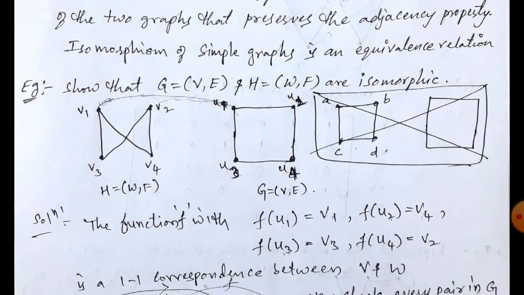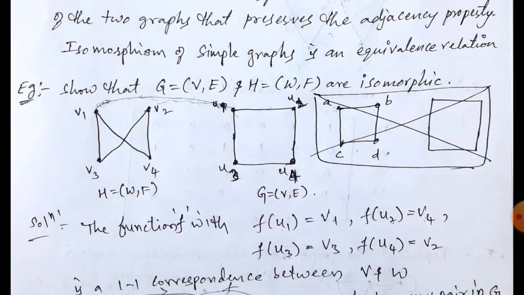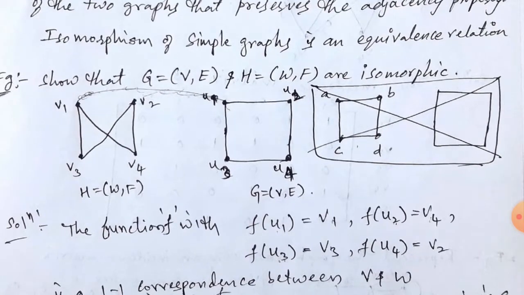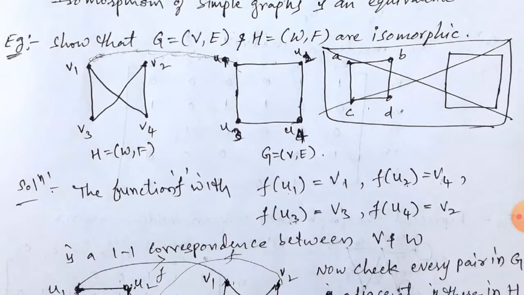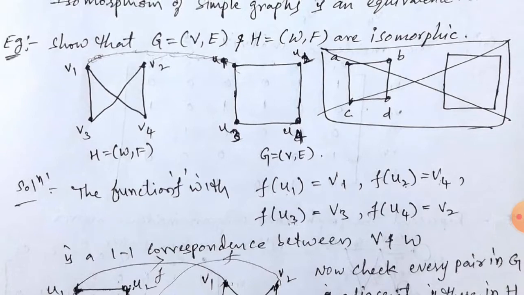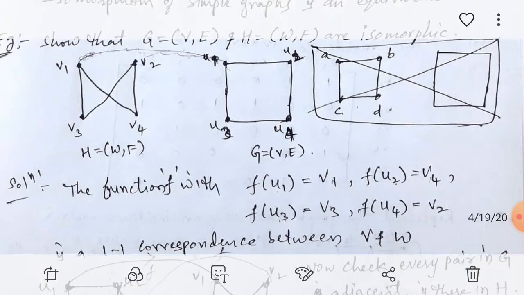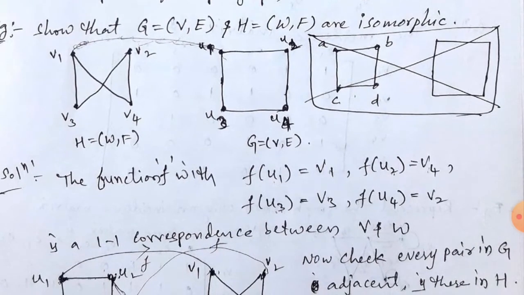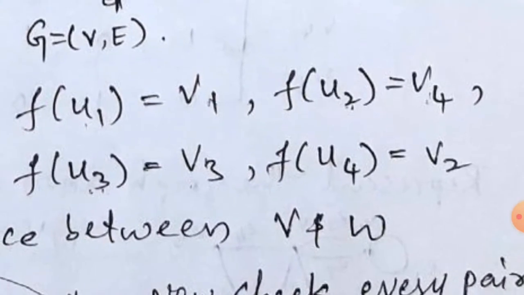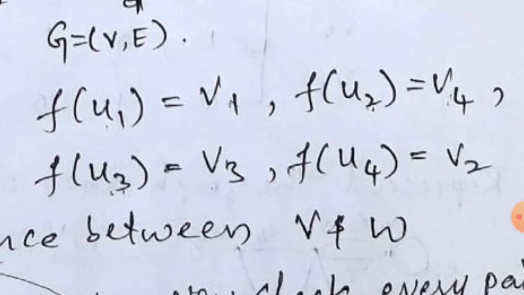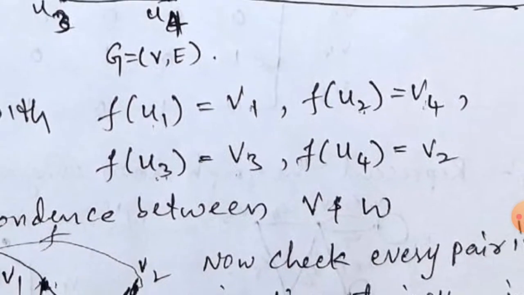In G we are taking V comma E, where V is the set of vertices in G and E is the set of edges in G. H equals W comma F, where W is the set of vertices in H and F is the set of edges in H. Now observe, we take a function f with the mapping u1 mapped to v1, u2 mapped to v4, u3 mapped to v3 and u4 mapped to v2. That is, f of u1 equals v1, f of u2 equals v4, f of u3 equals v3, f of u4 equals v2. Observe this mapping.